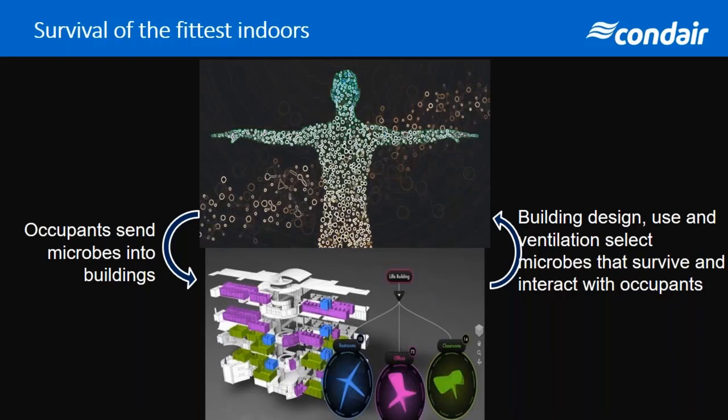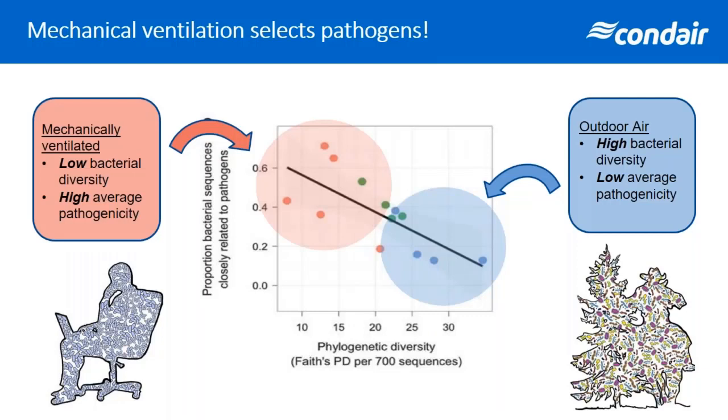So if you think back to Darwin's survival of the fittest, the indoor environment has become the biggest driver of survival. So just think about that if you're an architect, an engineer, building manager. The space that you are managing and designing is determining the future living organisms. So what about that?